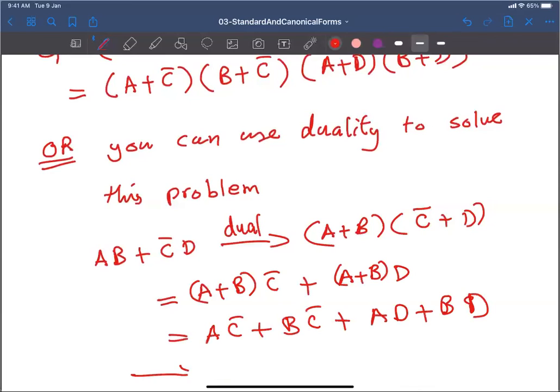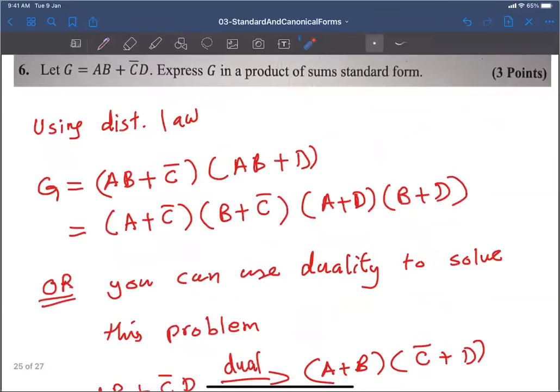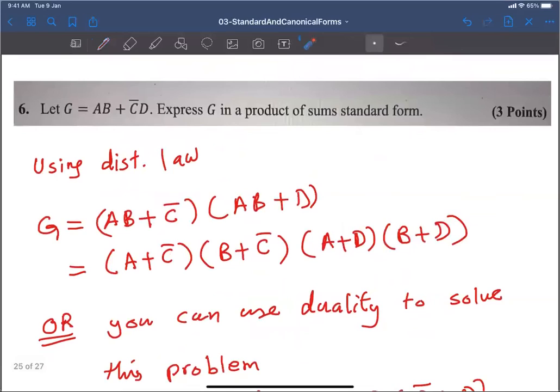And then you take the dual back to go back to the original function. If you take the dual back, you'll get the same expression as this one, maybe minus the order. However, I think it's even the same order, luckily. So there are two ways of doing this. I gave you two ways, and you may think of another way, of course. The wrong thing to do here is to convert this to a product of max terms.